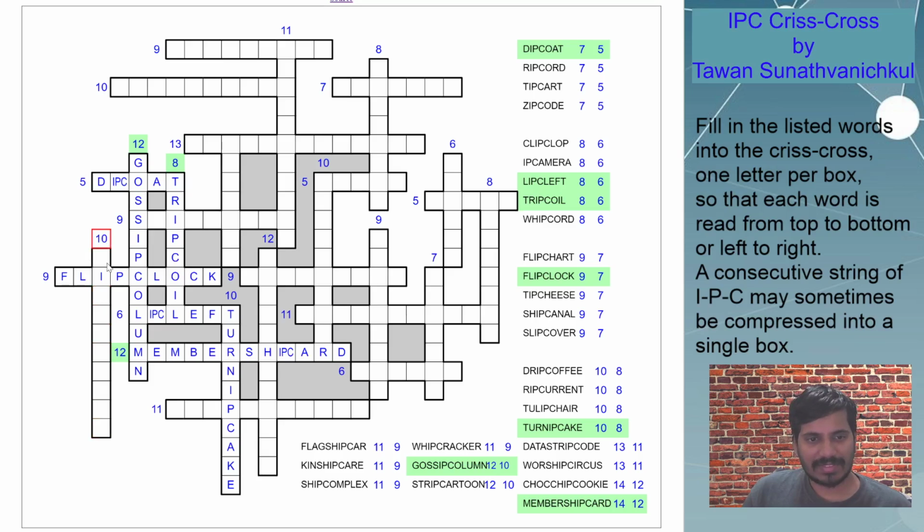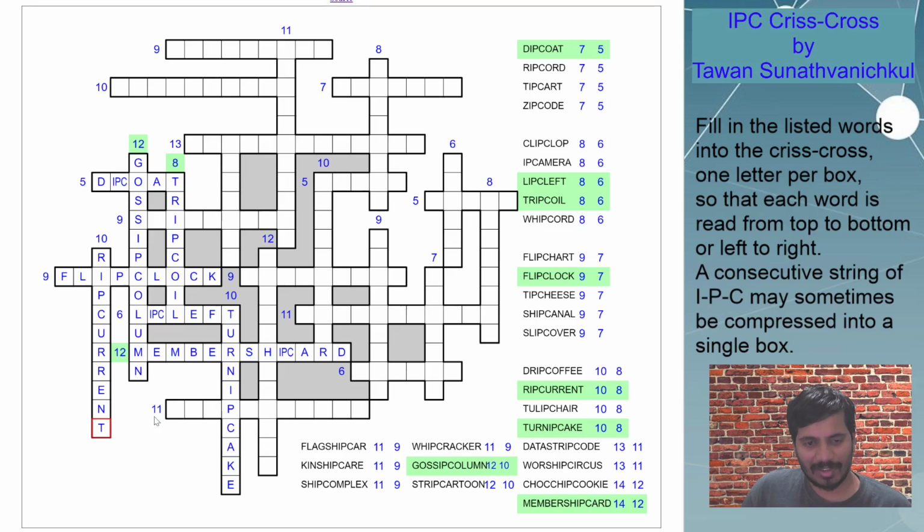So size 10 word with second letter being I. So I know the 10 size which is here, not strip, not drip, not tulip. So only one word again, which is rip current. I can go ahead and put that here. And we are done with the left side.